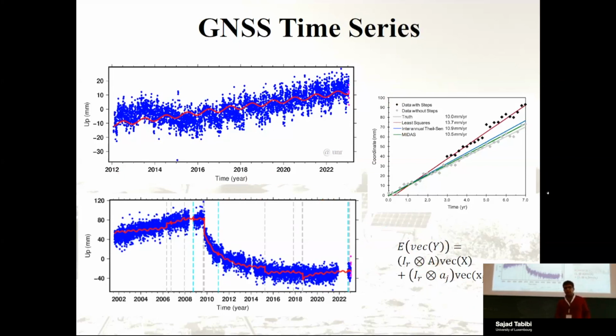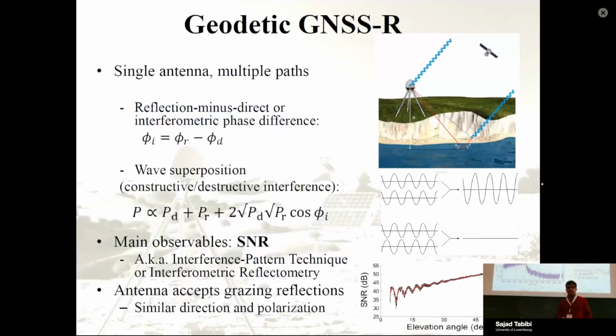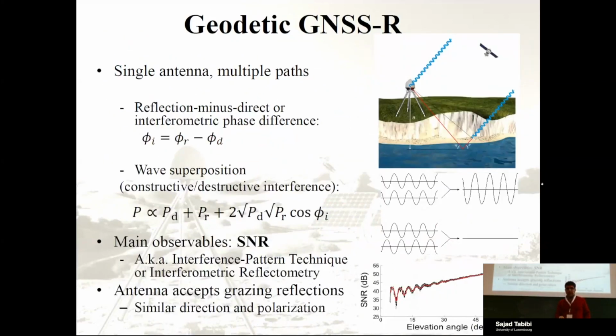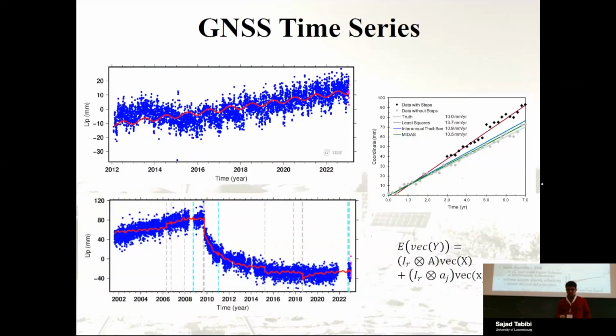So we have the design matrix capital A, where we have a linear trend and annual and semi-annual signals that we extract from MIDAS, and then we have another term that we include to detect the offset. It's very crucial because if we don't remove this offset, the estimated amplitude of the variation for the signal is going to be very different.